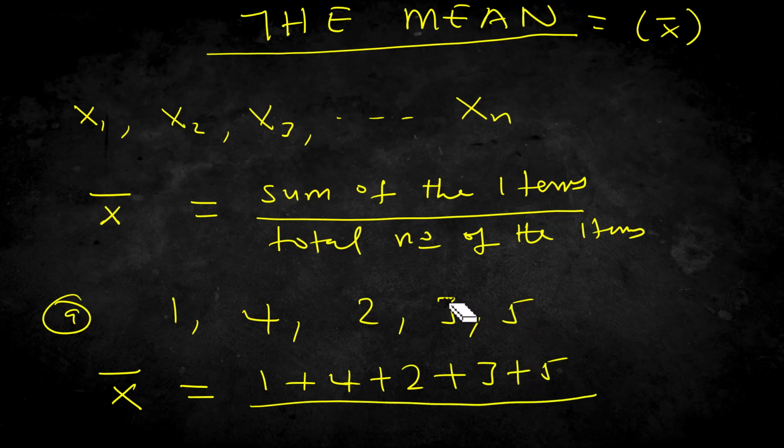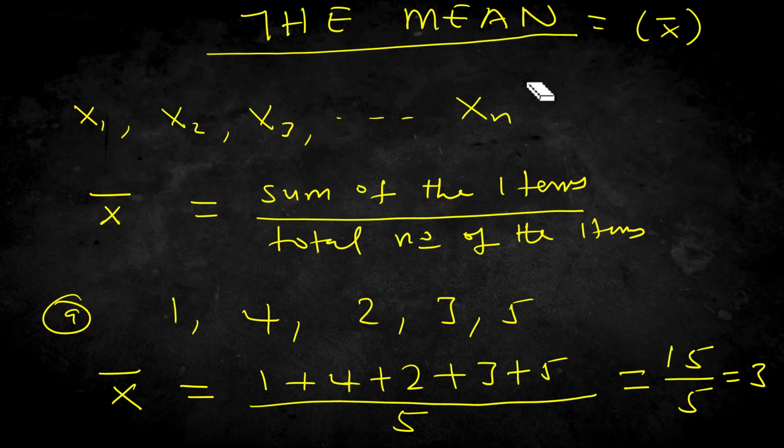So we have 1, 2, 3, 4, 5, so over 5. 1 plus 4 is 5, plus 2 is 7, plus 3 is 10, plus 5 is 15. 15 on 5 is 3.